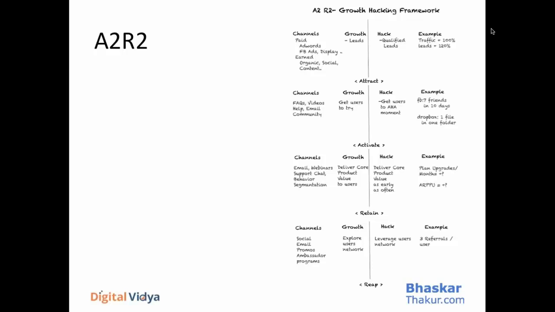I'll briefly go over these 4 stages in a customer's life with a product, and then we'll jump to some examples. Your first job is to get an audience for your product or service, get traffic to your site. Most marketers would grow by getting leads. But if you follow growth hacking techniques, you would try to get qualified leads instead of just leads.